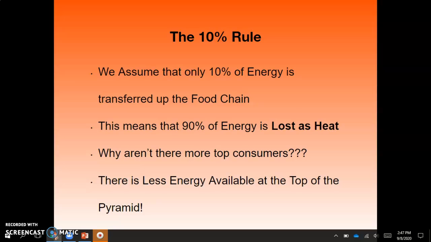The reason for that is they are limited by the energy available at the top of the pyramid. They eat other consumers that are eating on a lower trophic level, and there's just not as much energy available at the top of the pyramid to support those super large animals.